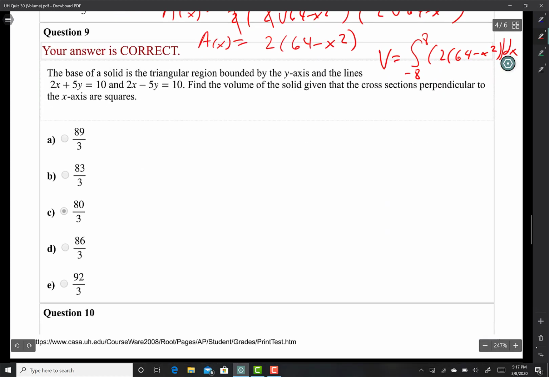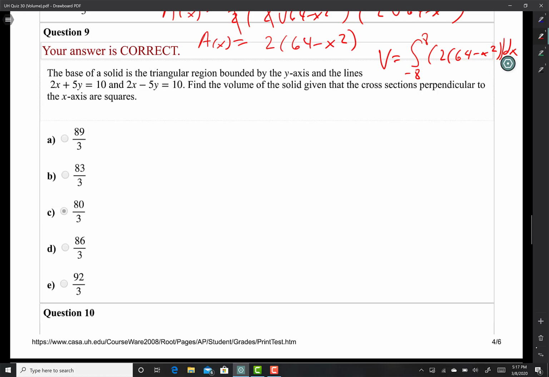The base of a solid is a triangular region bounded by the y-axis and the lines 2x plus 5y equals 10. Alright, so let's see how that looks. 10 minus 2x, close, divided by 5, and 10 minus 2x divided by negative 5.